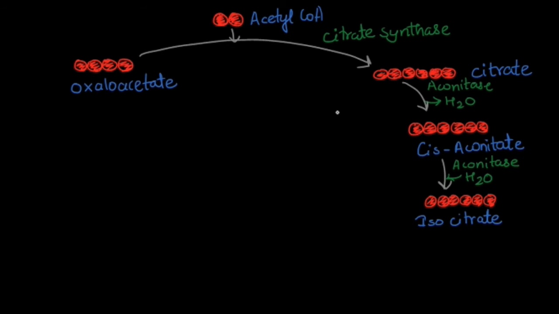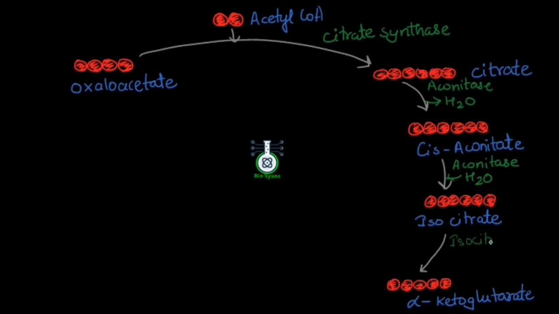Now, the isocitrate produced is converted to the 5 carbon molecule alpha ketoglutarate, catalyzed by isocitrate dehydrogenase. In this reaction, the isocitrate is oxidized and decarboxylated to form alpha ketoglutarate.